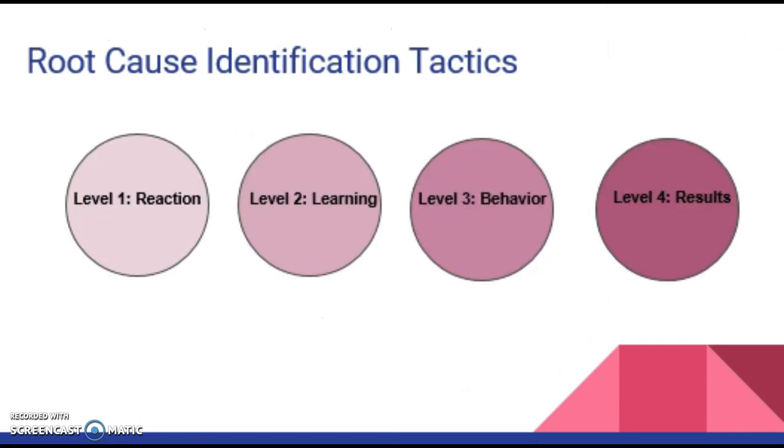So some root cause identification tactics are at all 4 levels. Level 1 being reaction, level 2 being learning, level 3 being behavior, and level 4 being results. At all levels, we would be including surveys, interviews.